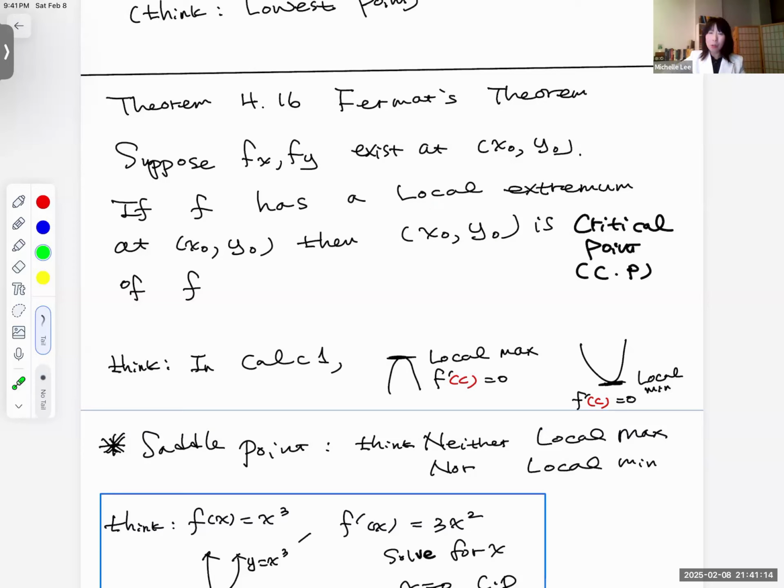So same concept as calculus 1, the derivative exists, then f prime of x equal to 0, right? Then in that case, local max, in that case, local minimum, right? So those are critical points. That is a critical point, right? This is a critical point.